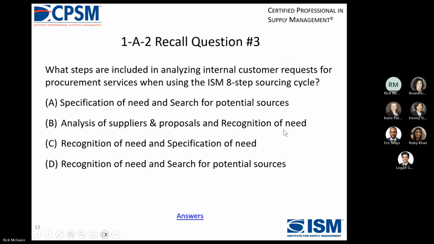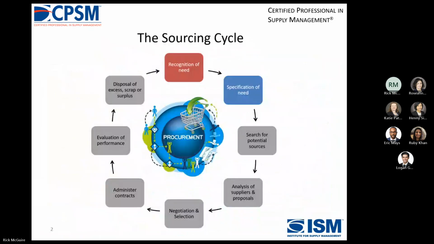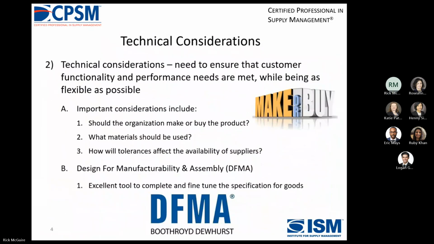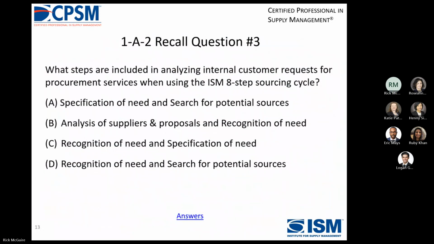All right. What steps are included in analyzing internal customer requests for procurement services when using the ISM 8-step sourcing cycle, which is this cycle right there? So go back to the question.